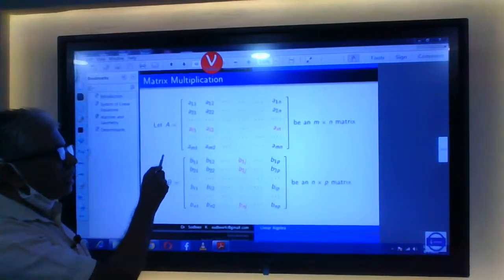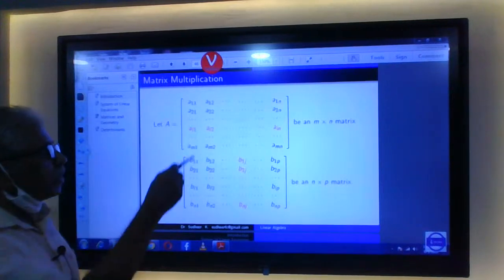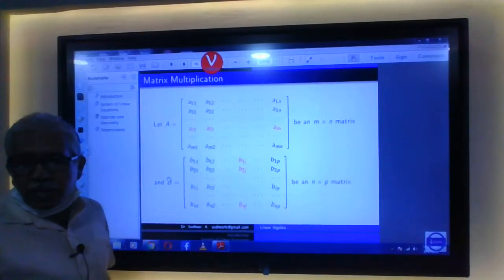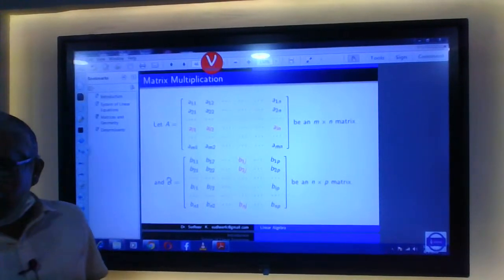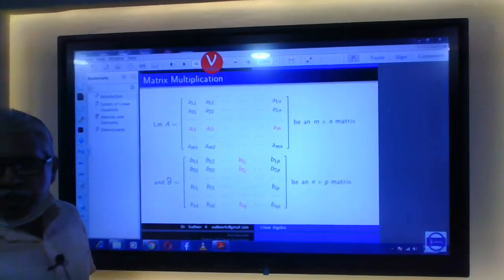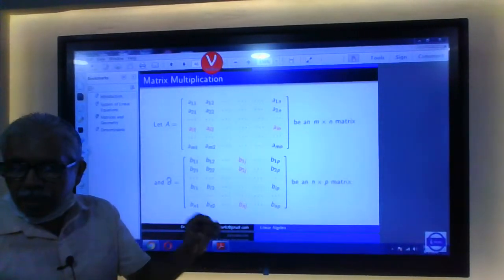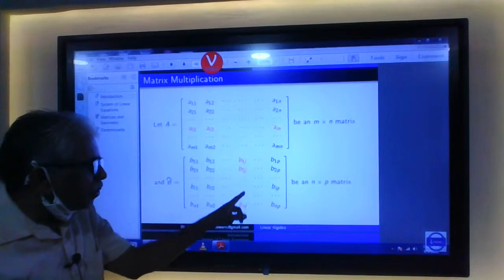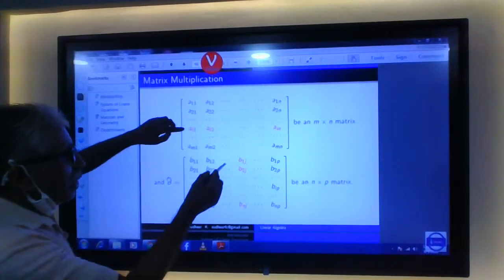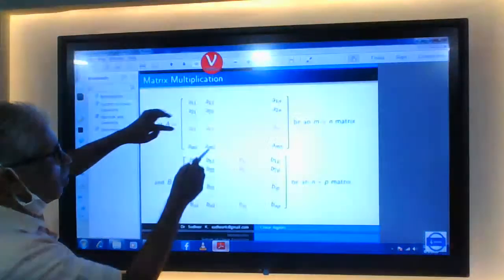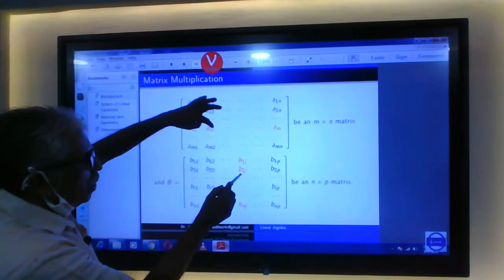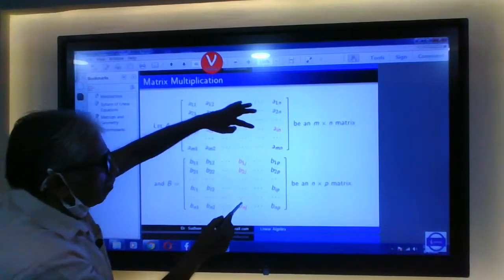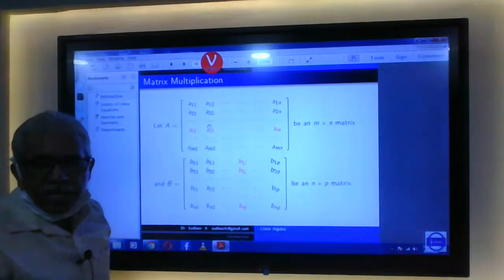So I'll tell it in a different way. Suppose you have the two matrices in this format. A has the different row elements and B has the different column elements. When you take the product A into B, A on the left side, B on the right side, the number of elements in this row should be equal to the number of elements in this column. Then only you can have the multiplication, Ai1 into B1j plus Ai2 into B2j plus etc. plus Ain into Bnj, meaningfully.